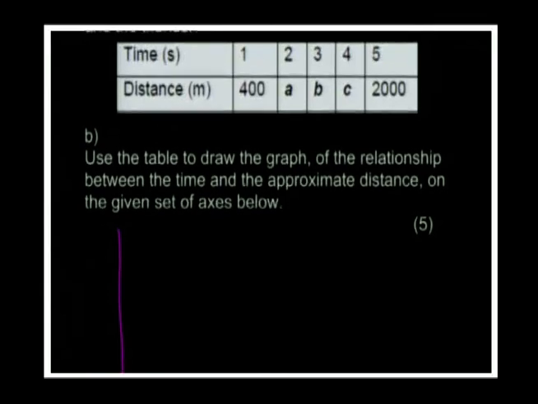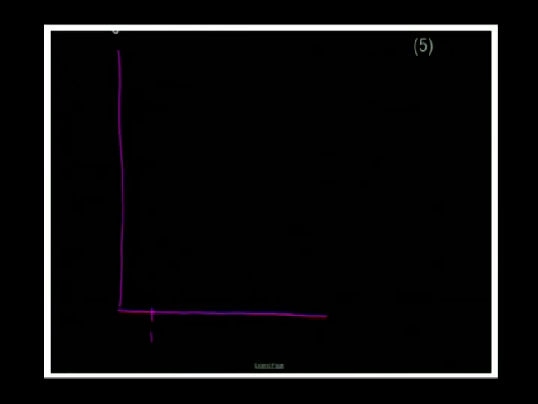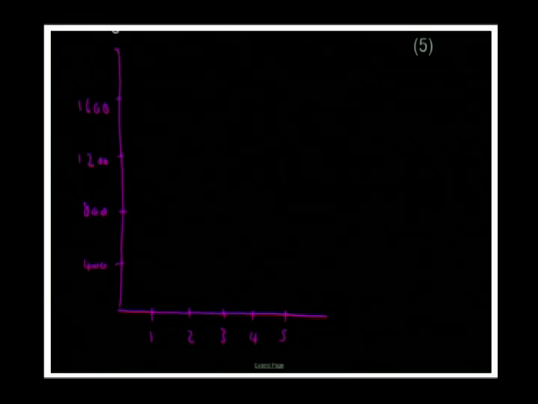On the one side, I'm going to have the time. So I'm going to have 1 second, 2 seconds, 3 seconds, 4 seconds, and 5 seconds. I'm going to have 400 meters, 800 meters, 1,200 meters, 1,600 meters, and 2,000 meters.